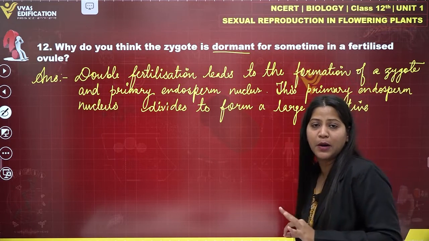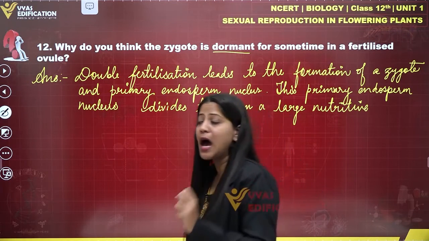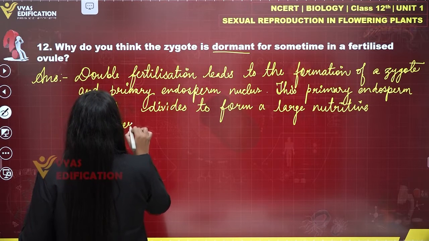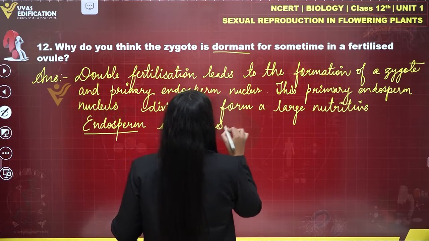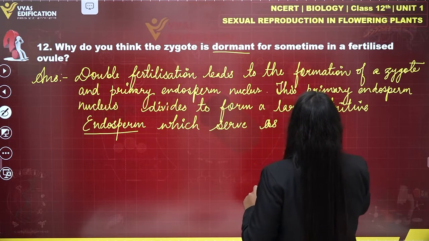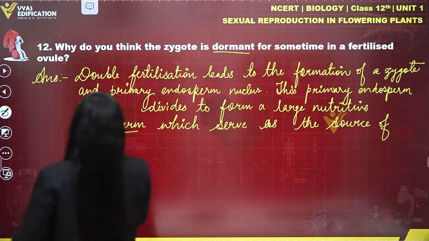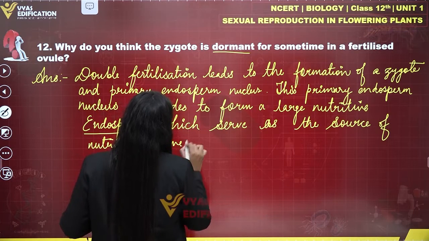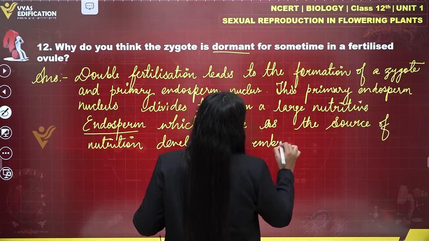This primary endosperm nucleus, which is made from the triple fusion, will undergo several mitotic divisions to form a large nutritive endosperm, which serves as the source of nutrition for the developing embryo.